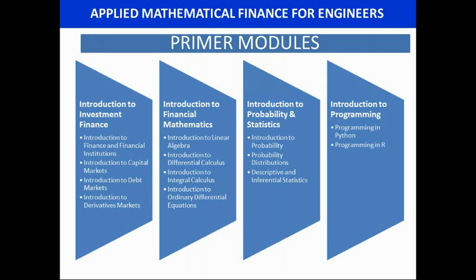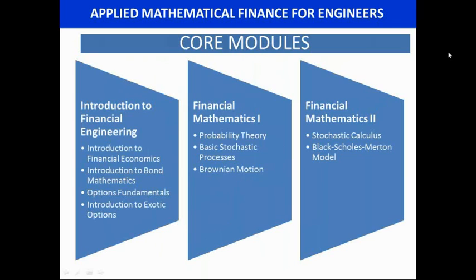And in the programming primer, we cover programming in R and programming in Python. So it introduces you to these disciplines so that you can take on the core modules.